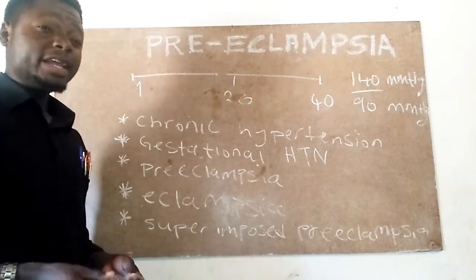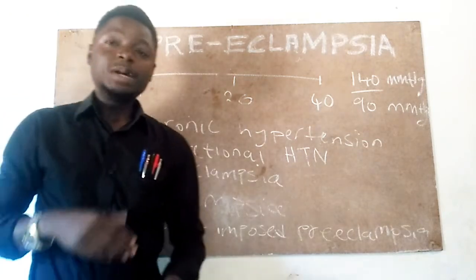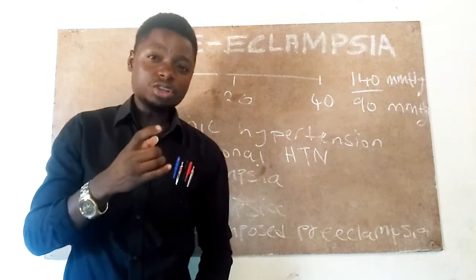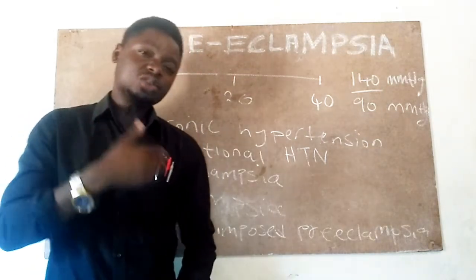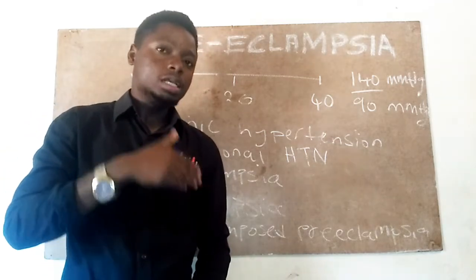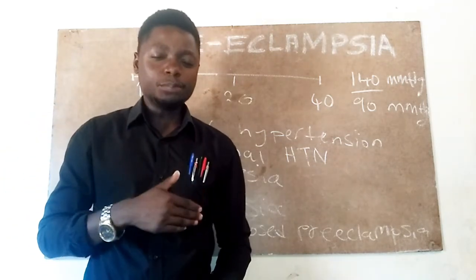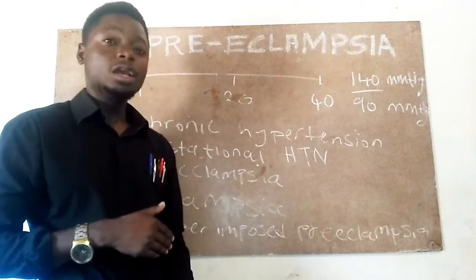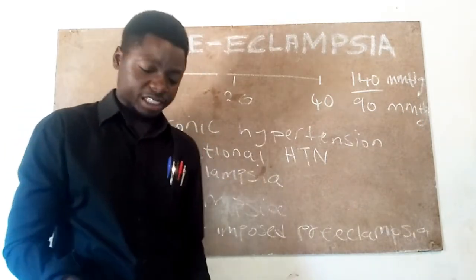So the woman already has hypertension, but after 20 weeks of gestational period, she goes on and begins to develop protein in urine. So that is what we call superimposed preeclampsia in women with chronic hypertension.